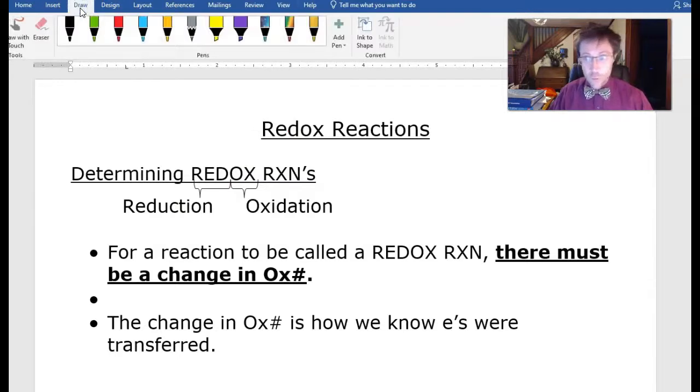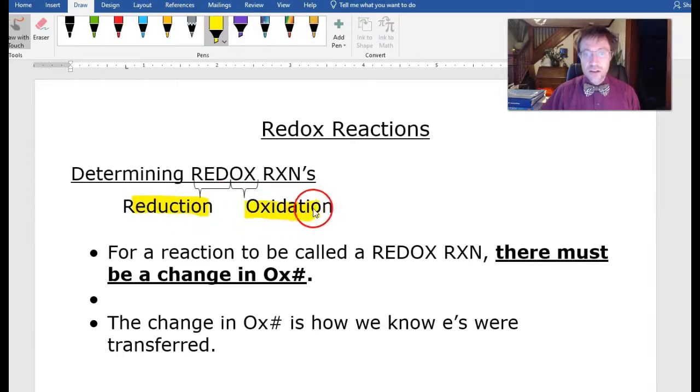That's why we say redox. Wherever one goes this way, the other is going to go that way. They complement each other. Redox is oxidation and reduction, totally interwoven.